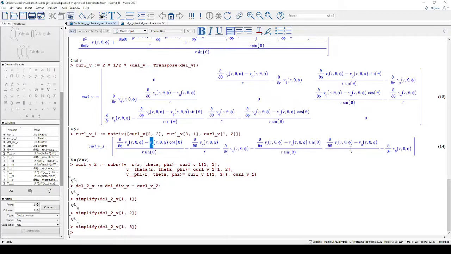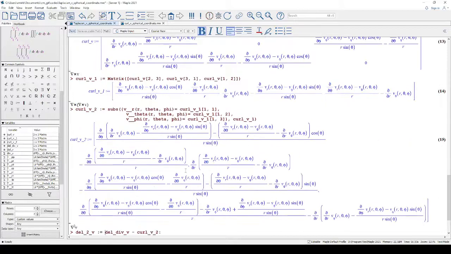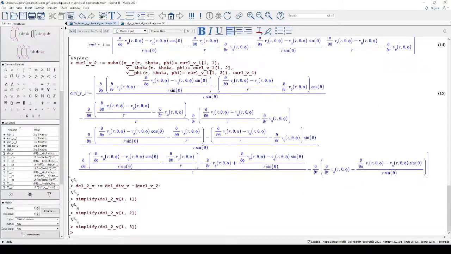So instead of V phi, I have to use this component of V phi here. So I use the substitution or subs here in Maple, and I put everything into curl V. So I get something like this. And then I have my final, let's say, calculation here.